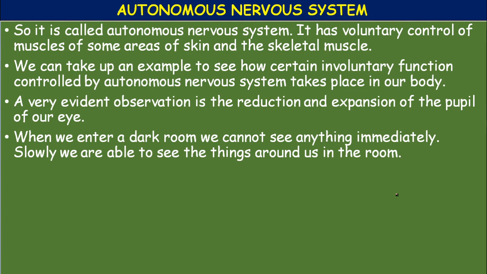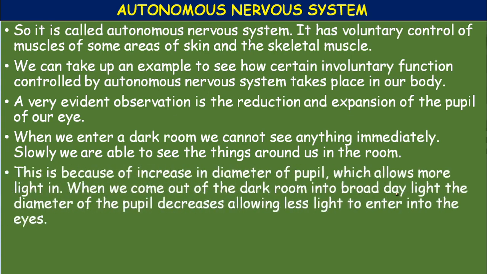It takes some time to adjust to the light in the closed room. You might have experienced this in a theater, isn't it? This is because of an increase in the diameter of the pupil, which allows more light in. When we come out of the dark room into broad daylight, the diameter of the pupil decreases, allowing less light to enter the eyes.